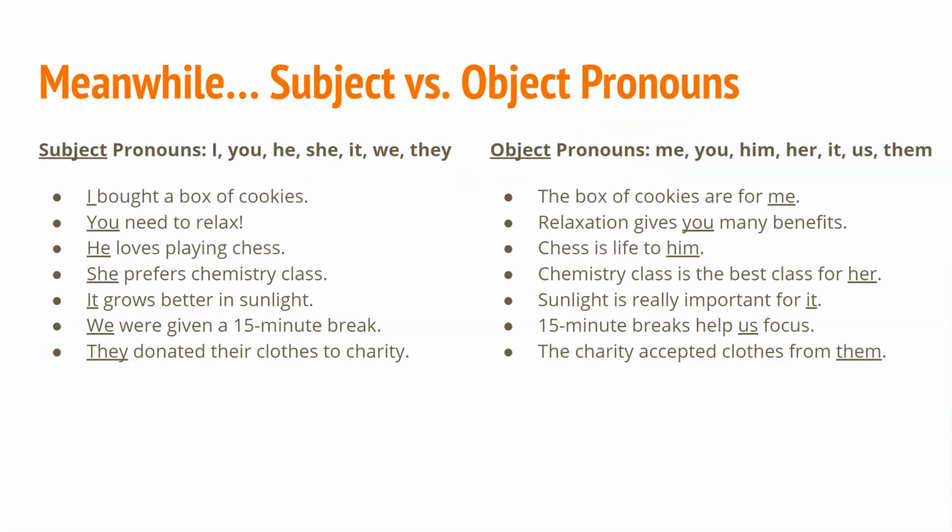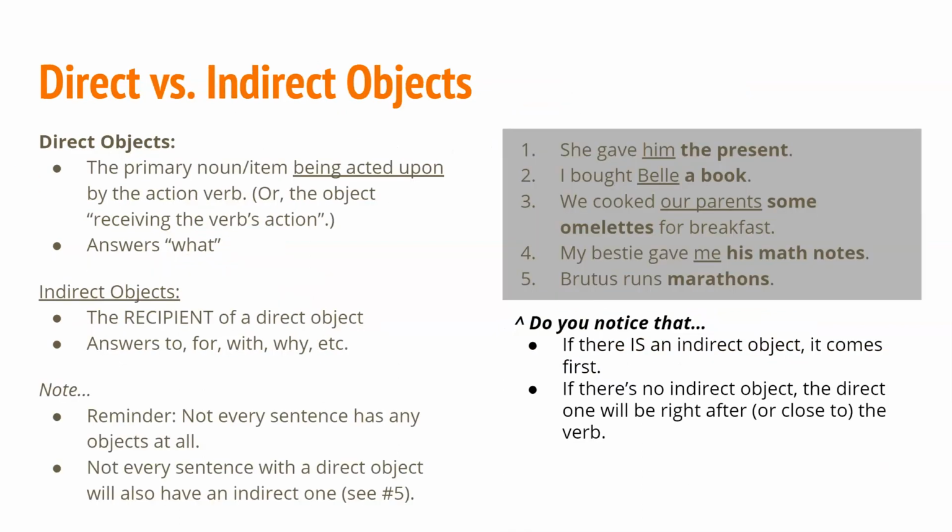While we're talking about objects, we need to also talk about subject versus object pronouns. Now, we already talked about how in a majority of English sentences, the word order goes subject, verb, and then if there's an object, the object will come last.